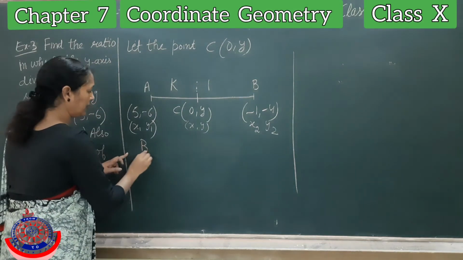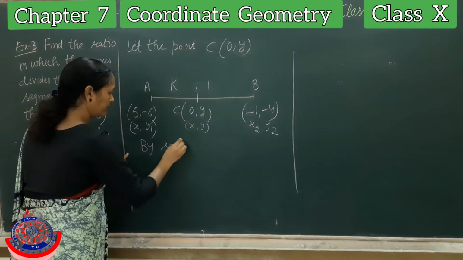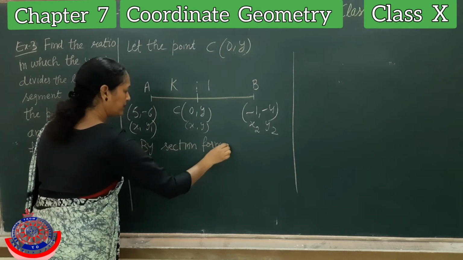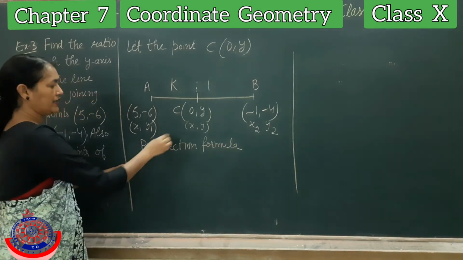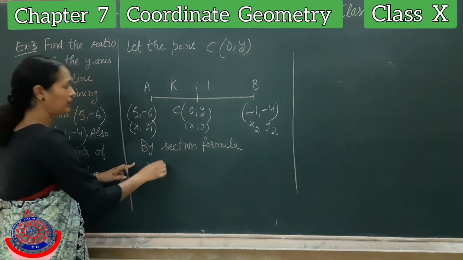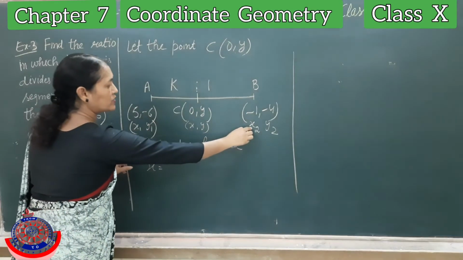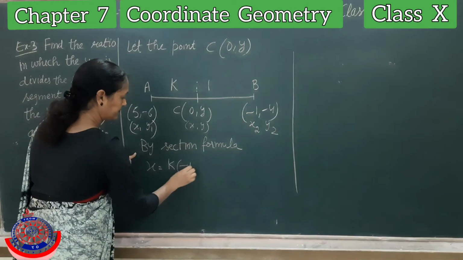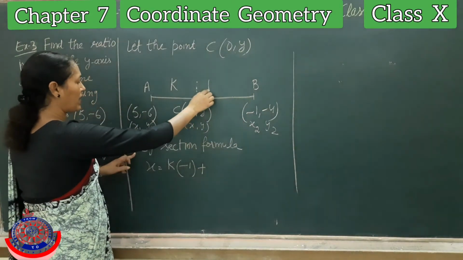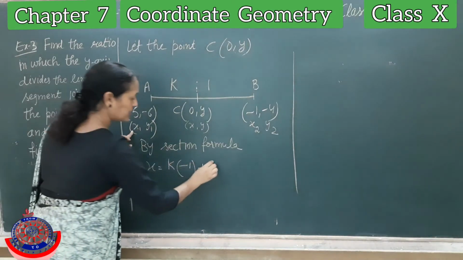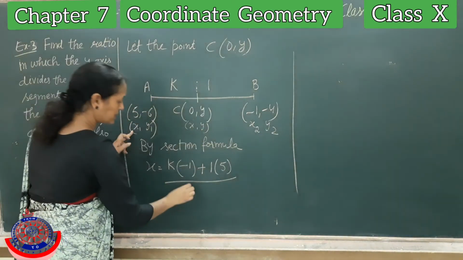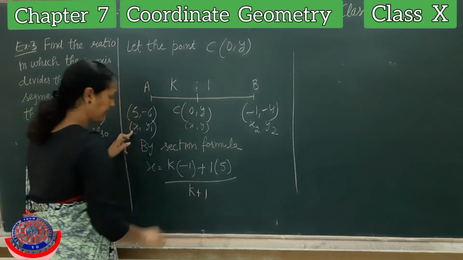Now by section formula, x is equal to k into x2, k x2 is minus 1, plus 1 into x1, means 1 into 5, upon sum of the ratios, means k plus 1.